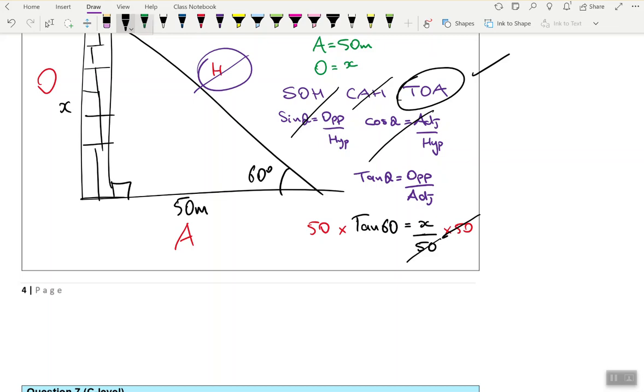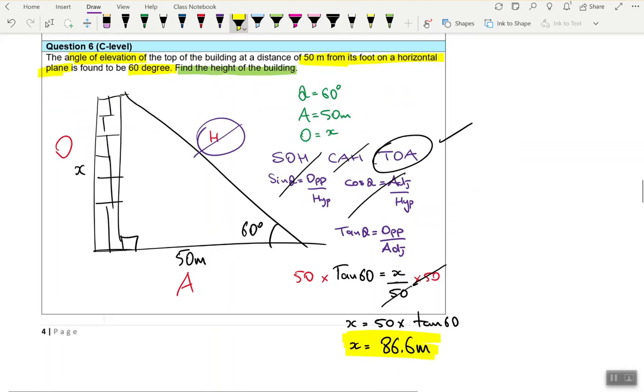And so x will be equal to 50 times tan 60, and that gives us 86.6 meters. So the height of the building is 86.6 meters.